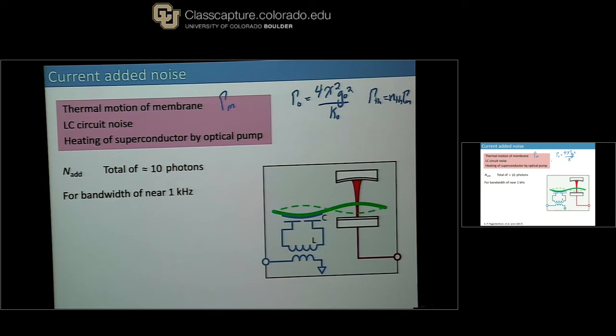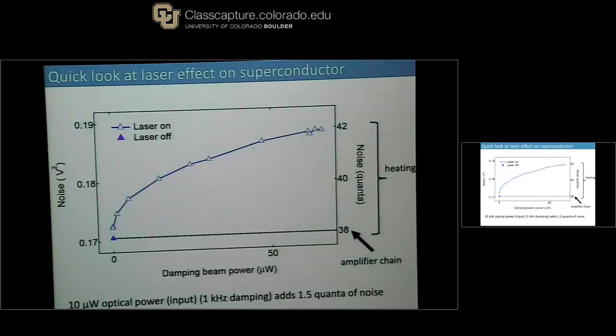What we try to do in our system to mitigate this is that we're physically separating where the optical spot is and where the superconductor is. So that can be very helpful, but we still see on the order of added noise of a few photons from the amount of laser light we need.